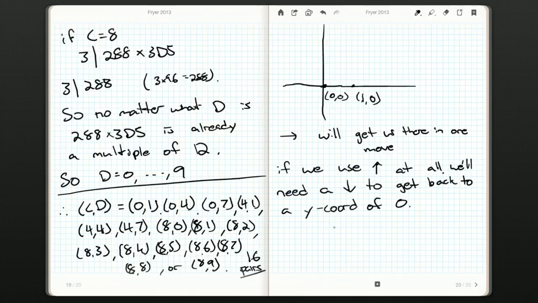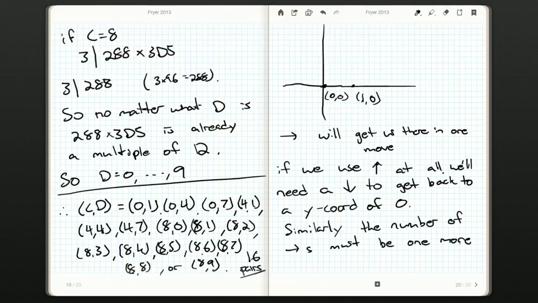Similarly, it's not hard to see that we must go right 1 more time than we go left. These are sort of general observations we can make.